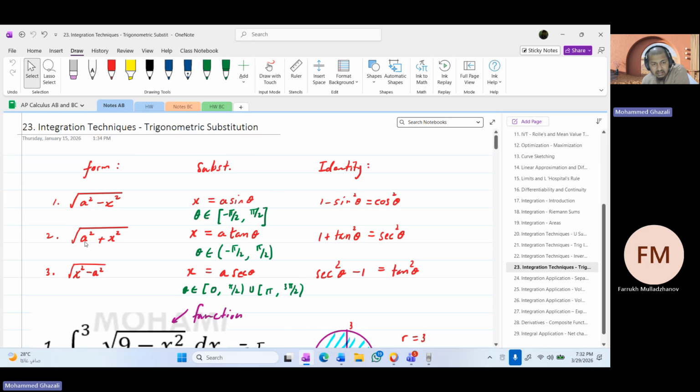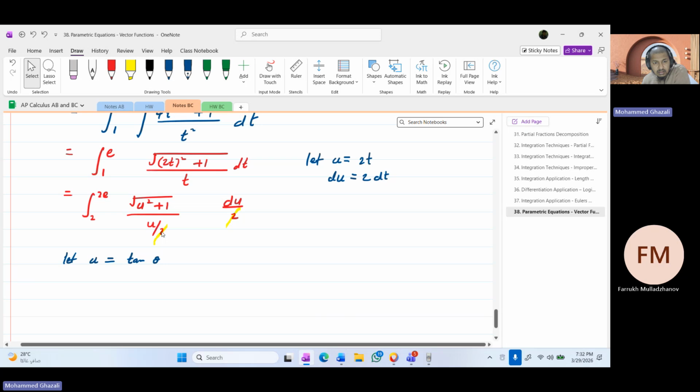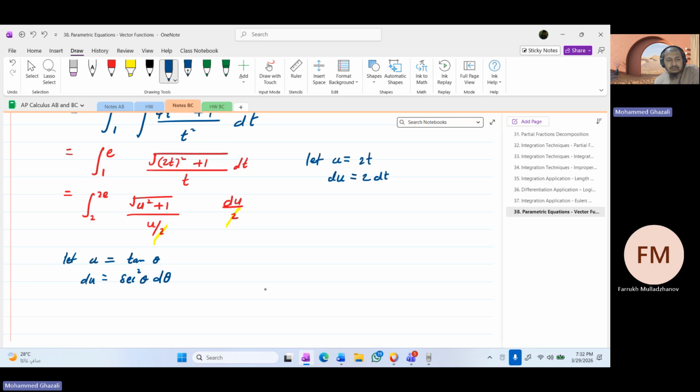The value of a here is actually 1. So now you find du is sec squared theta d theta. Draw a triangle to check if you're on the right track. u over 1, so this is the square root of u squared plus 1. We are on the right track.